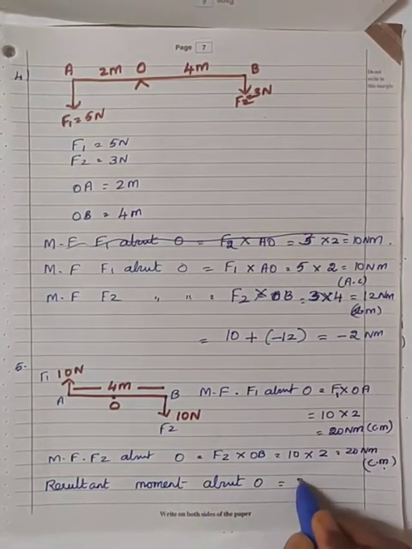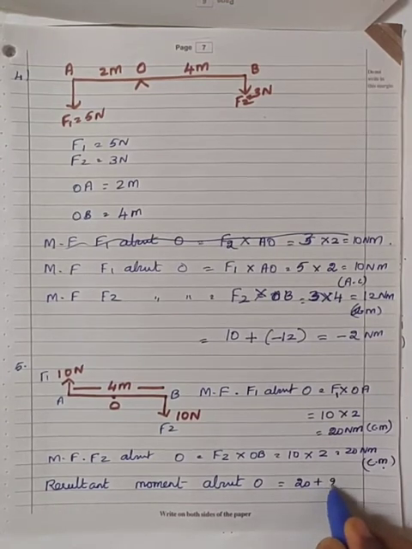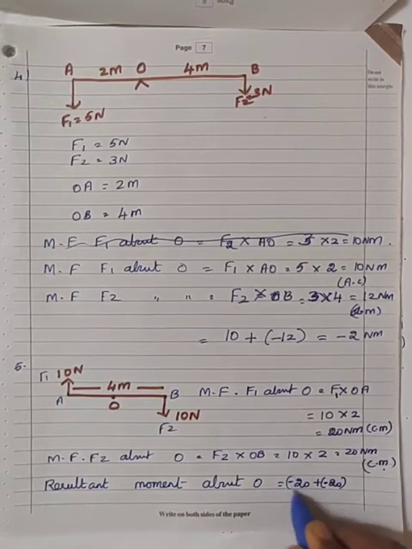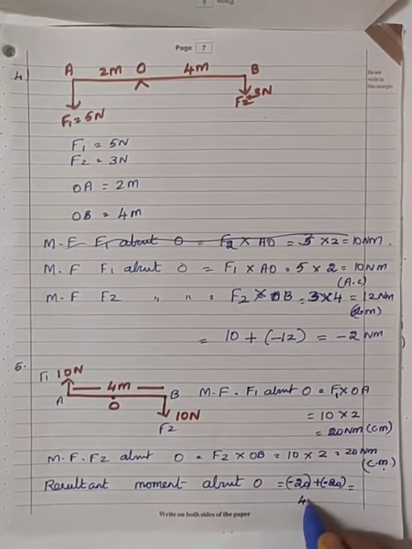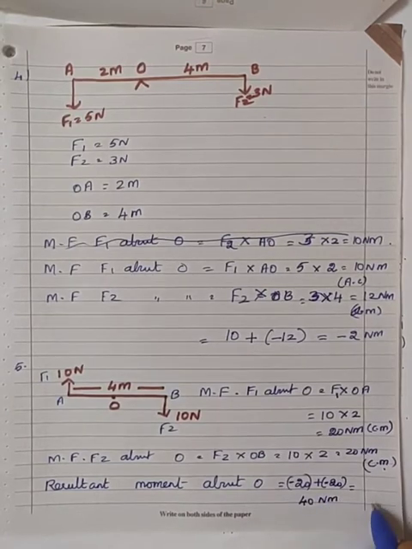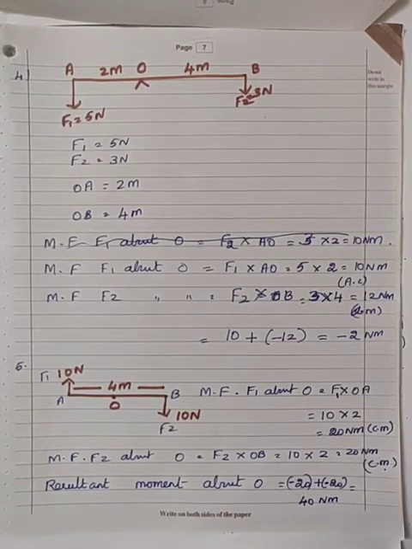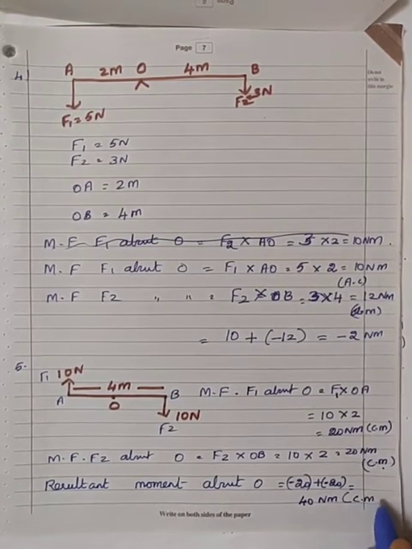So by adding them algebraically, 20 plus 20, because the clockwise moment is assigned the negative sign, so minus 20 plus minus 20, which is equal to 40 Newton meter clockwise moment, or when we say the magnitude, minus 40 Newton meter. The negative sign indicates that it is in the clockwise direction.